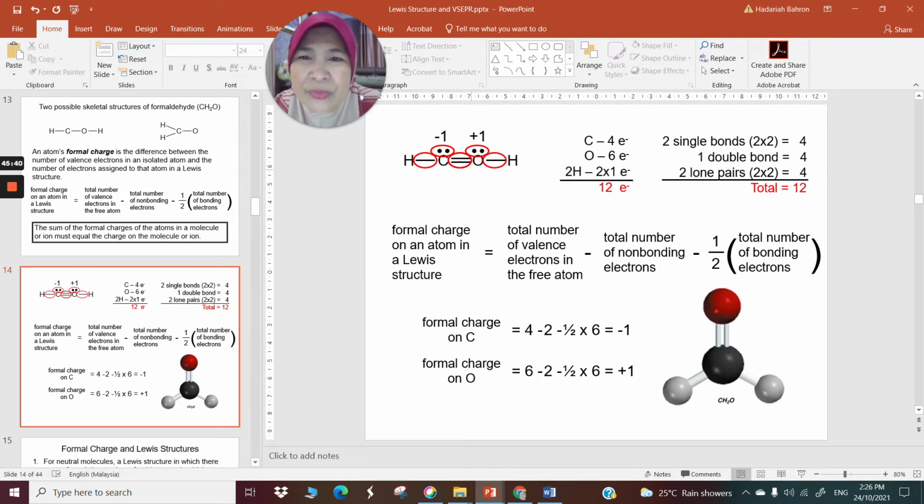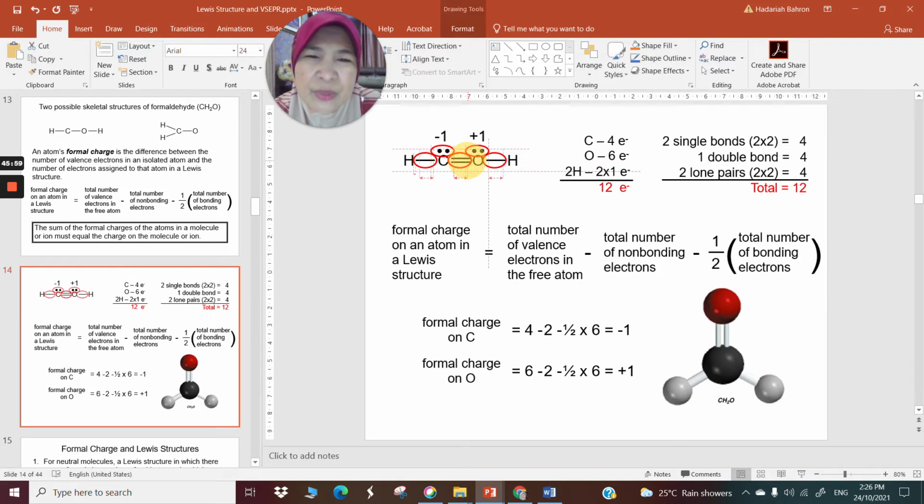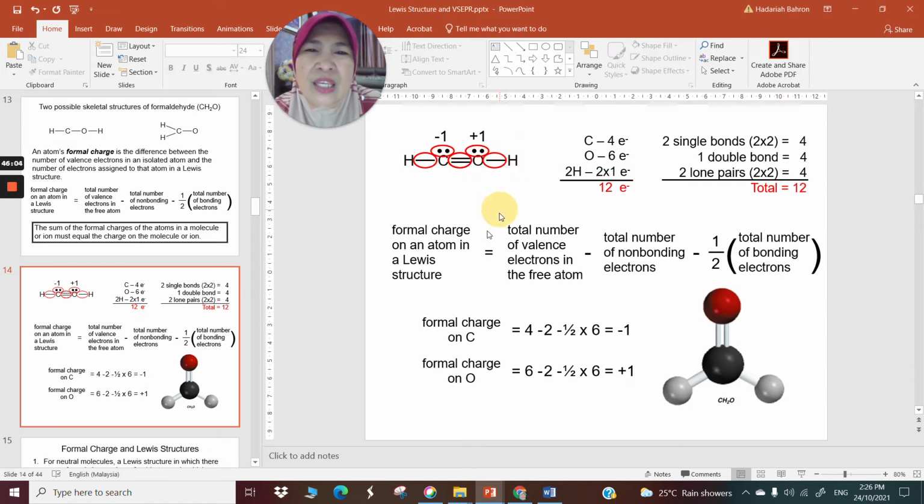If you go through the whole of your Lewis structure steps that I showed you earlier, you're going to end up with hydrogen, carbon with a lone pair of electrons, a double bond between the carbon and oxygen, another lone pair on the oxygen, and hydrogen.